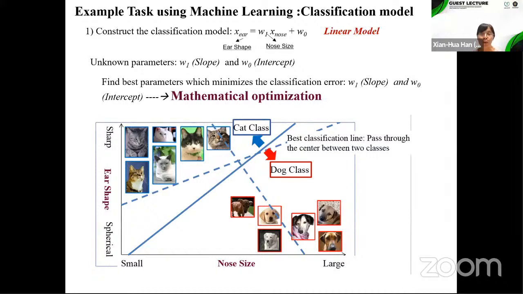In order to get the unknown parameters W1 and W0, we use mathematical optimization methods. I think mathematical optimization is a very difficult and challenging task, but a lot of optimization procedures have already been developed in the machine learning field. So if you want to use it, you can use some toolbox to implement this function.